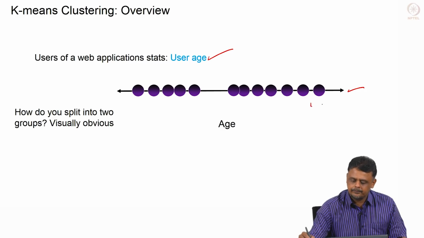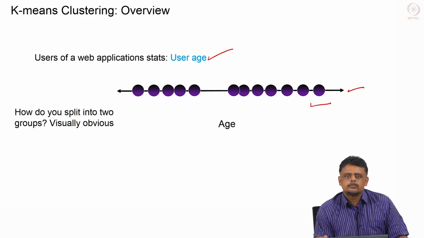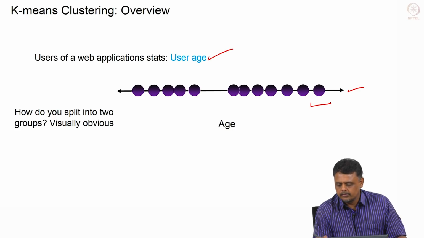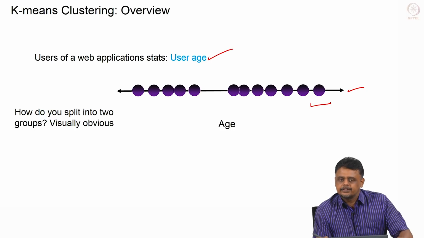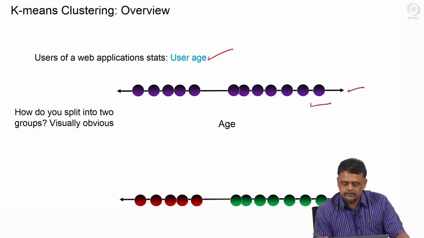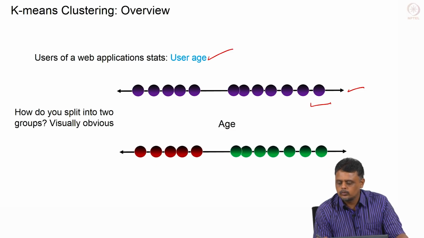It is very obvious from the plot itself that there are two visually obvious groups based on the users' age. We can see here, the green is one group and the red ones form another group.